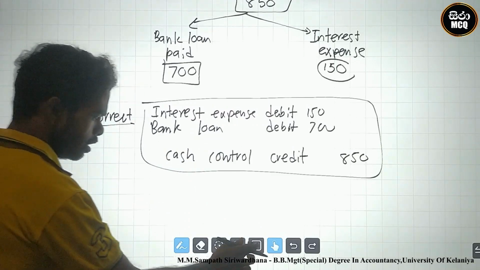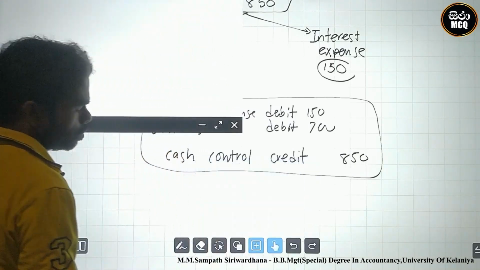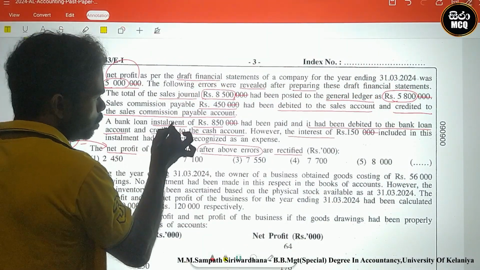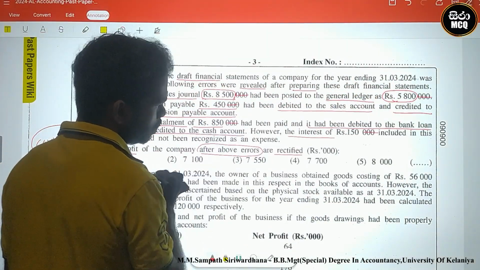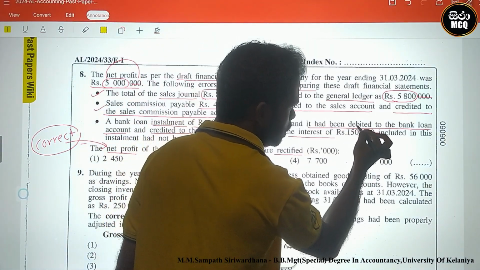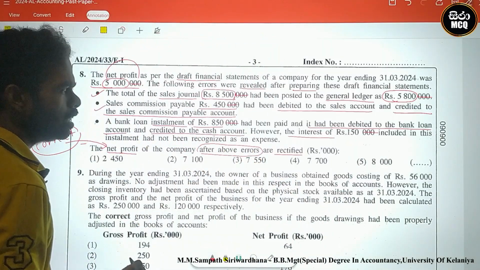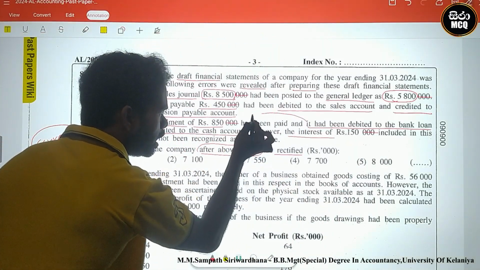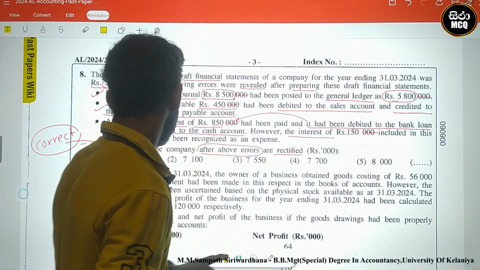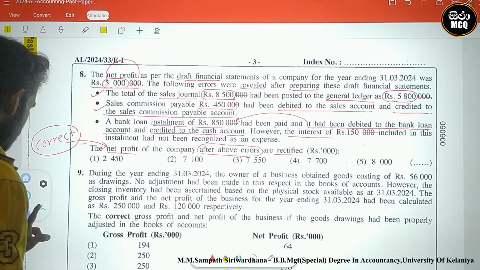Look here. The current situation varies from this. Bank loan installment of 850 had been paid, and it had been debited to bank loan account.